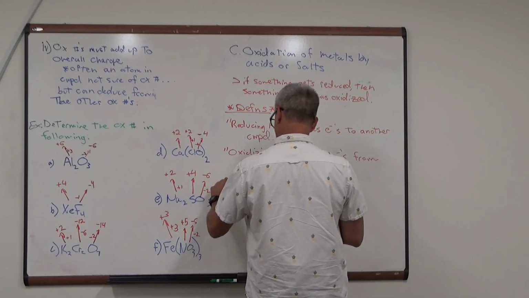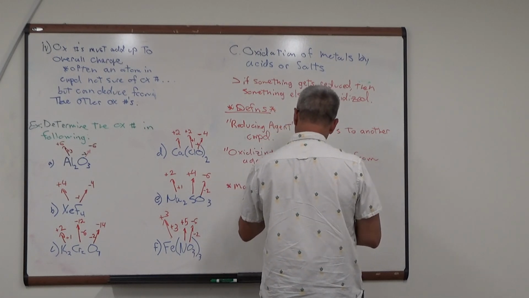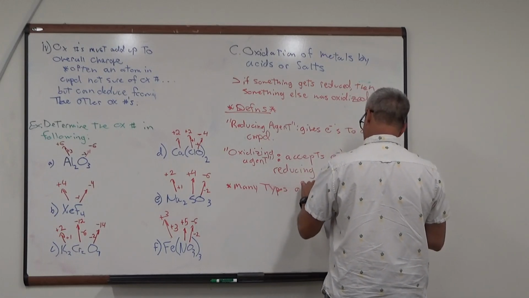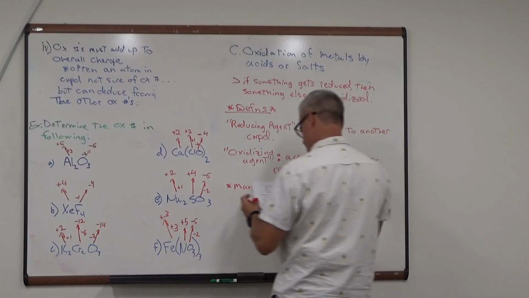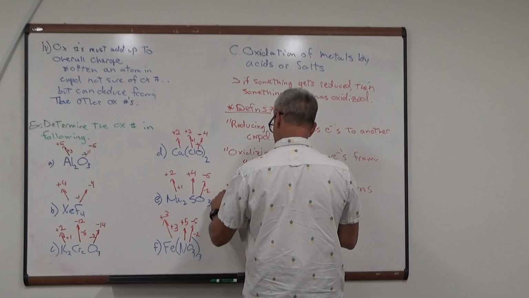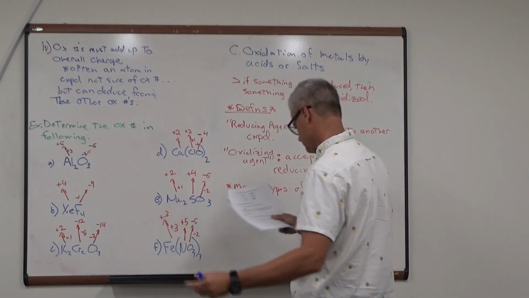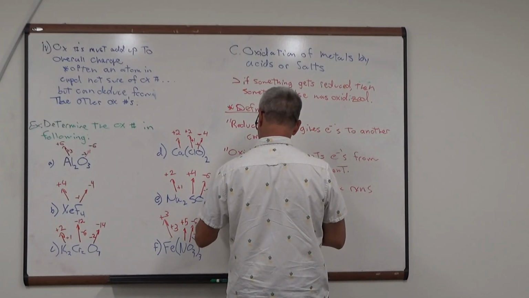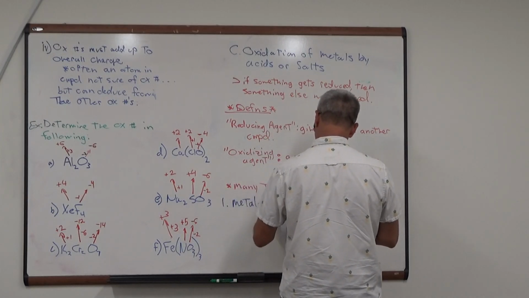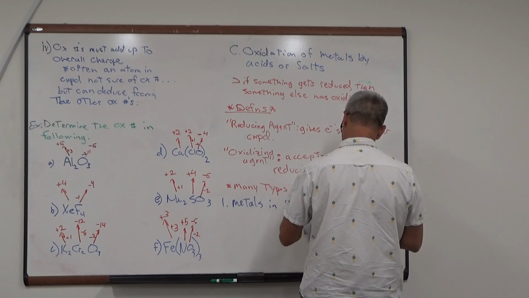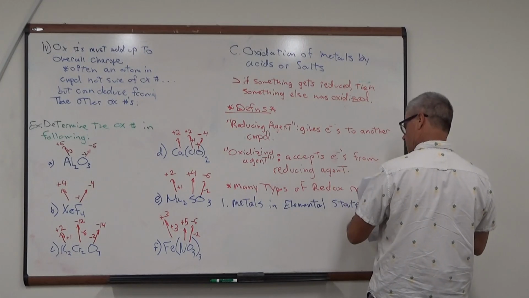There are many types of redox reactions. The first one we're going to look at is metals in elemental state. This is what I introduced, what we're going to talk about.